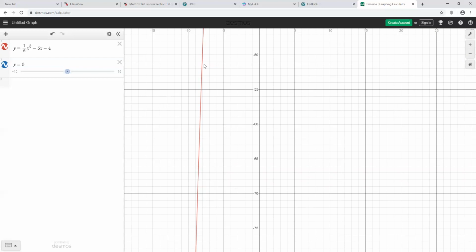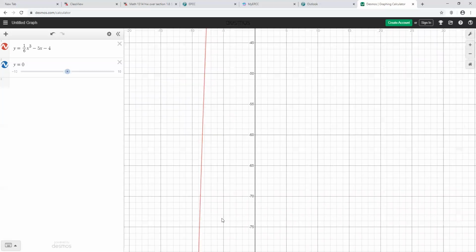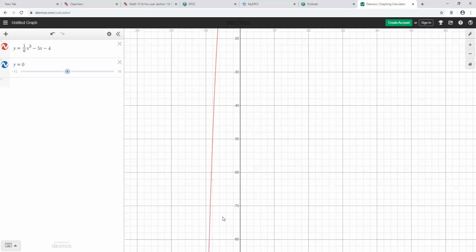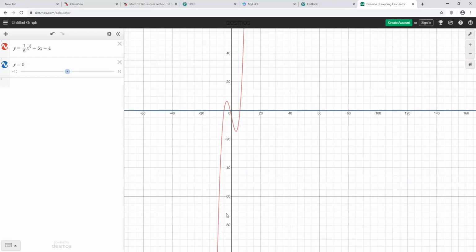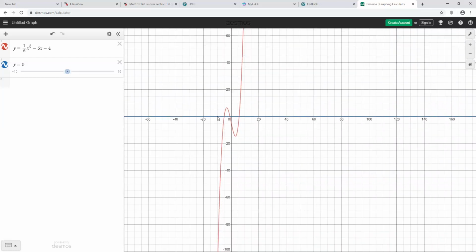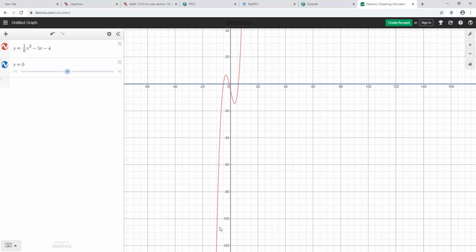But at negative 10, I bet we don't have to go that far. Even if we're at negative 75, that doesn't compare to negative infinity, does it? If I back up, zoom out here, so this right here is negative 10 still. It does touch it somewhere around here, doesn't it? Yes.